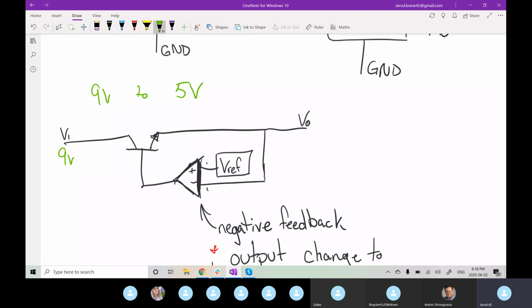We're going to supply 9 volts on the input, and we want to see 5 volts on the output. We have to have a 5 volt reference.